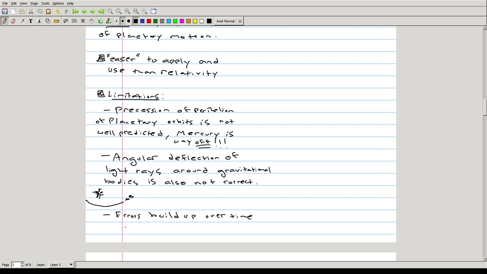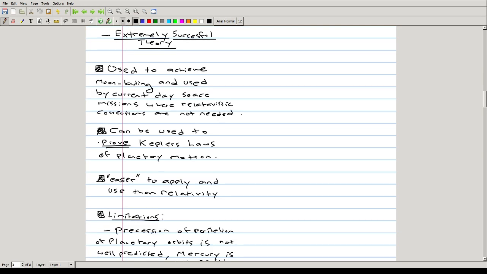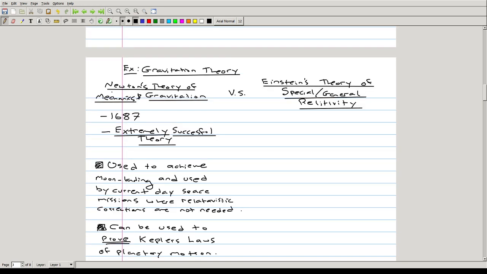Which means it's not good for long time spans, or for predicting over long time spans. This is a summary of Newton's theory of mechanics and gravitation.